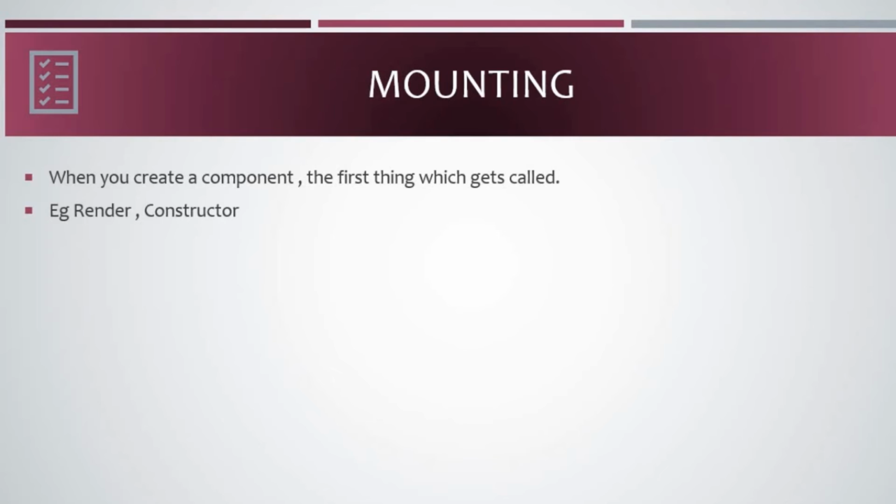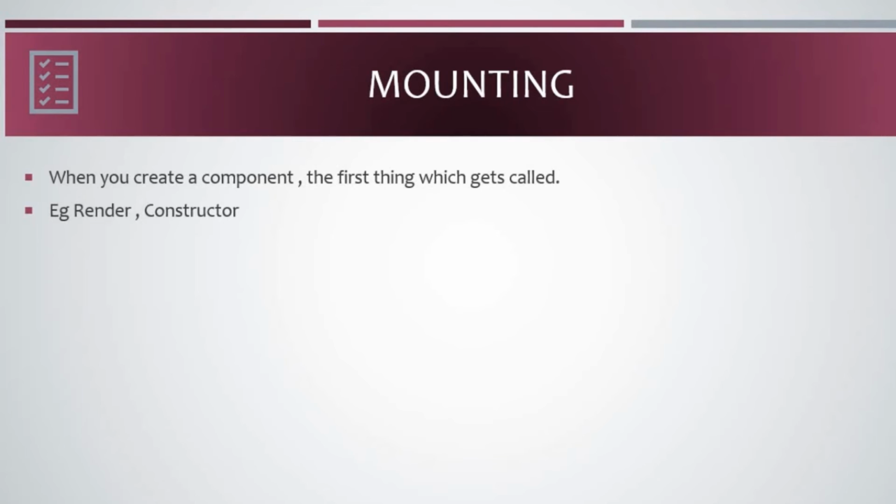So the second stage is nothing but the updating. The updating stage comes into the picture when you are re-rendering the component. For example, if you have a text box whose value is this.state.someValue, and you set the state on doing some action like triggering an event, your content alone would change without refreshing the browser, right?